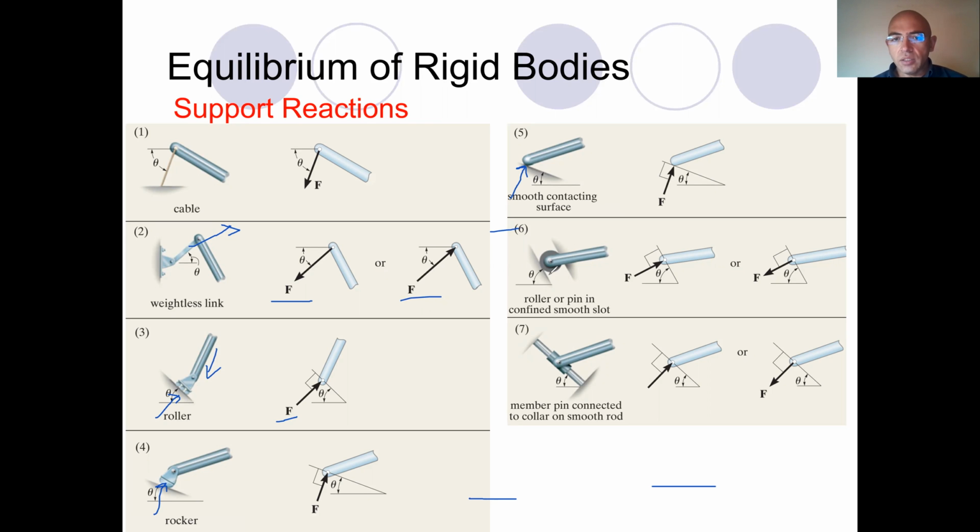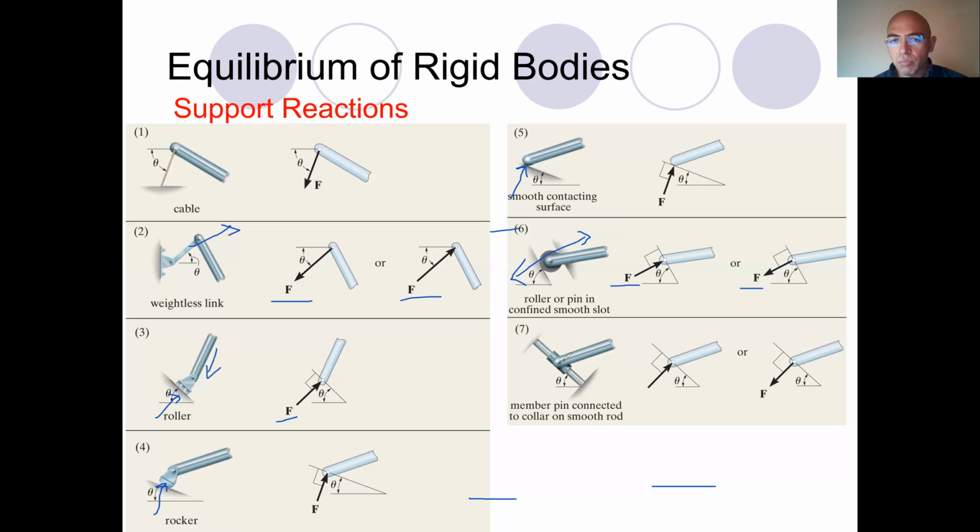We may have a slider, a slot. Then certainly this type of support will not allow the motion of this object in this direction. Therefore, we will have a force either like this or like this.